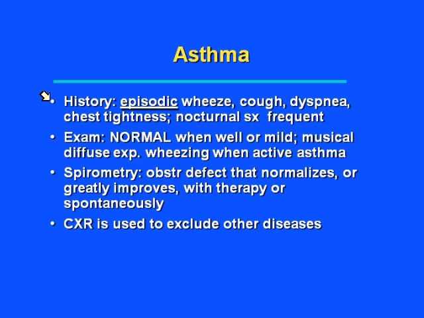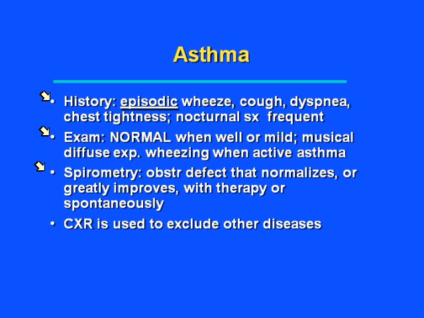But the classic picture is to have varying periods of wellness versus times when the asthma is exacerbating. So the examination follows that. So examination will be completely well when they're normal, but when they're sick, you will detect musical diffuse expiratory wheezing on your chest exam most commonly.